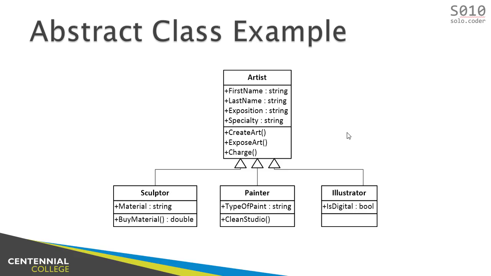I'm just going to show a few more examples of potential abstractions. When I say artist, again, we may have different implementations of artists: sculptor, painter, illustrator, singer, dancer, whatever it is. We may have common attributes there, and we may have specific ones here.